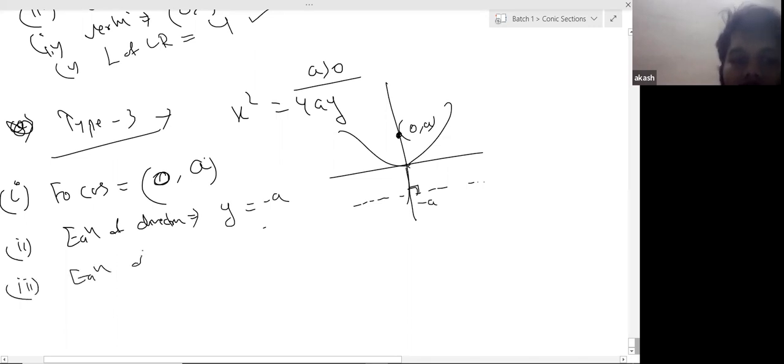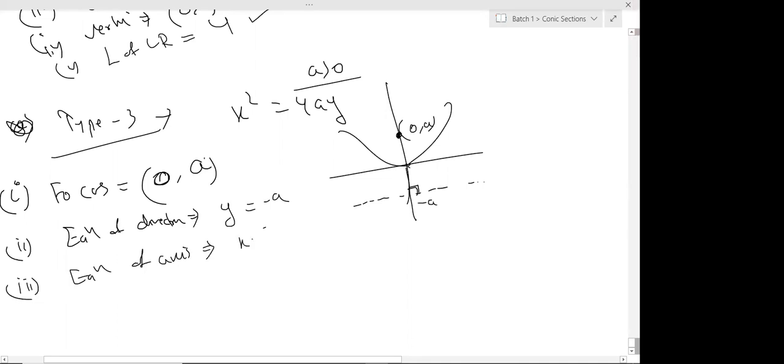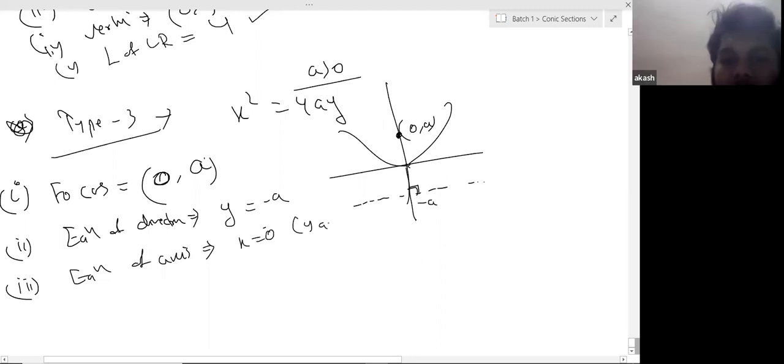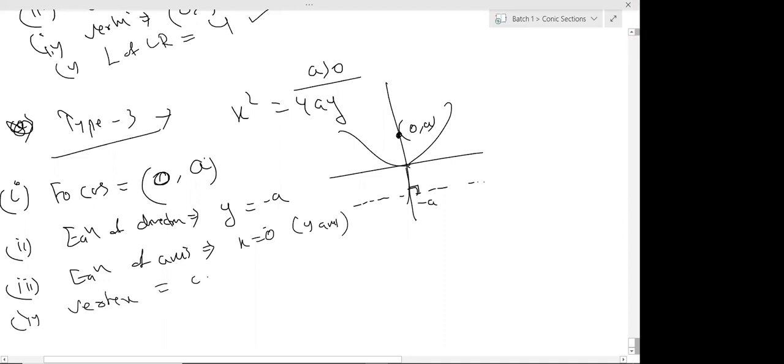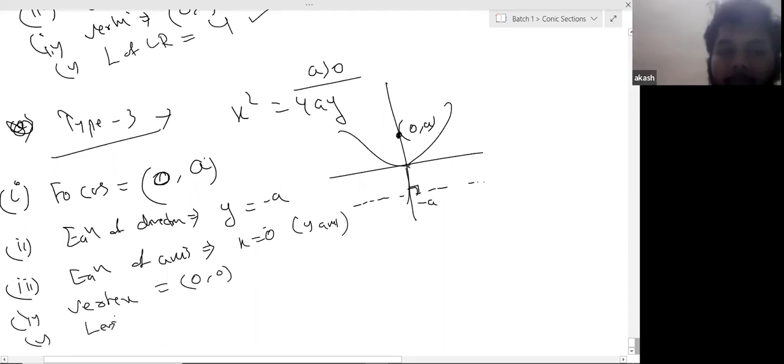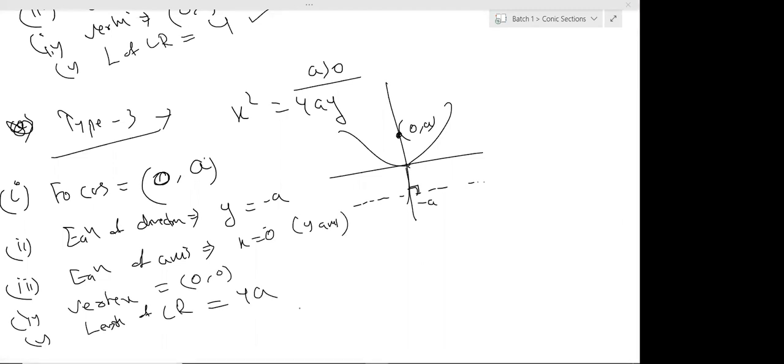Equation of axis is x equals to 0, the y-axis. Vertex is 0 comma 0. And length of latus rectum is 4a. Everyone clear? Gautam, Irfan? Yes, sir.